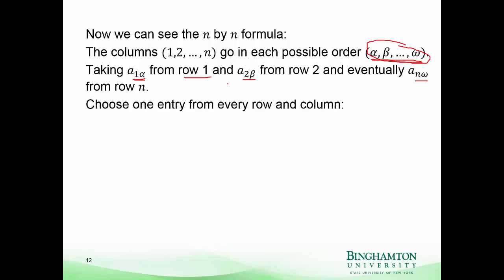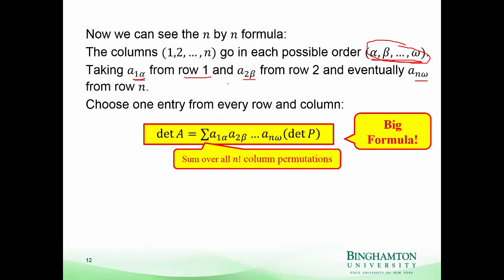So it's a little confusing, and I'll help you see how to do this in just a second for a 4x4. What we're really doing is choosing one entry from every row and column. So we have to get every pair, and we're doing that systematically. We go through the rows in sequence, and as we do, the columns follow some permutation value.